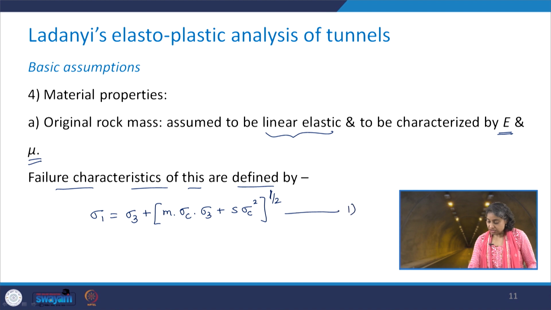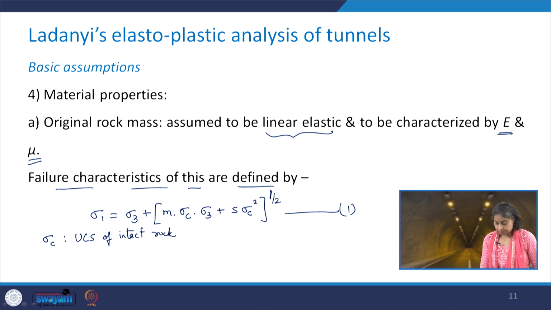Please make this equation number 1, where sigma c is the UCS of the intact rock, and m and s are the parameters of the Hoek and Brown criterion.